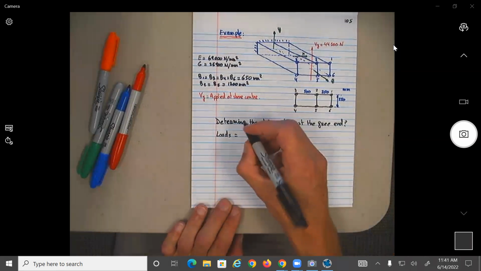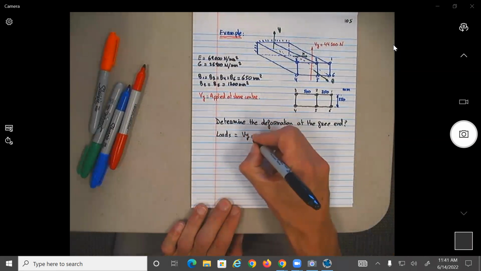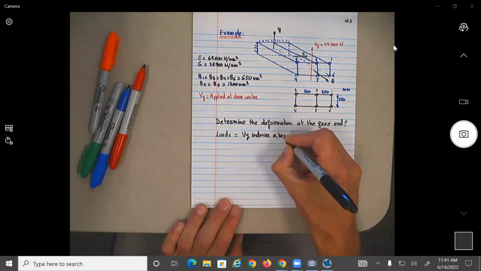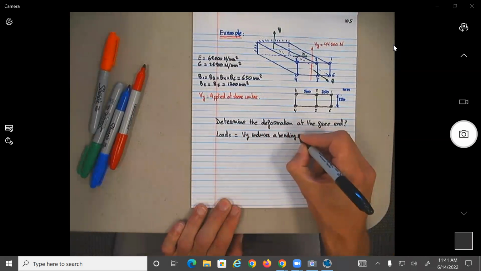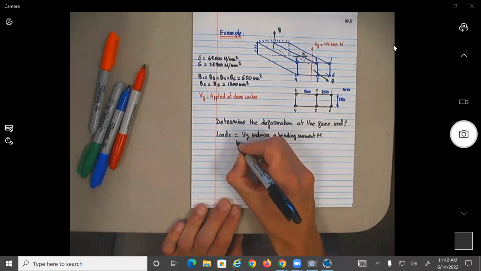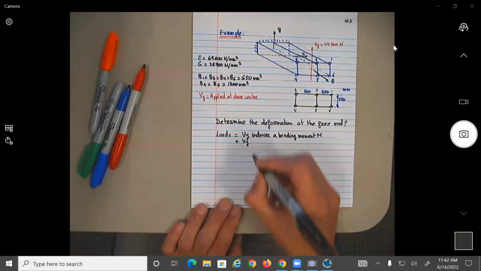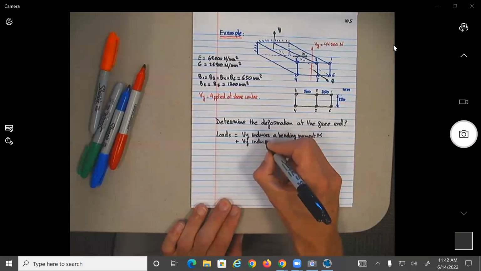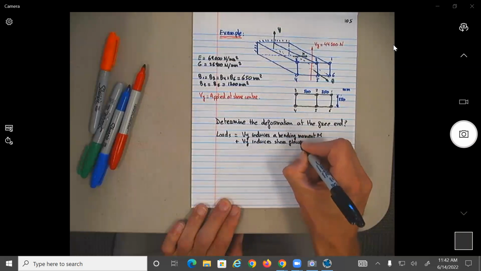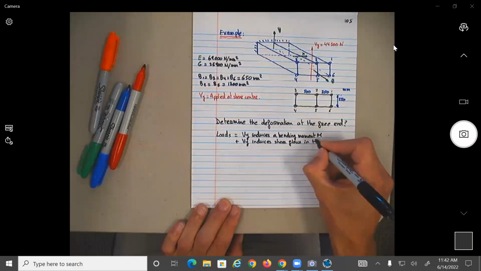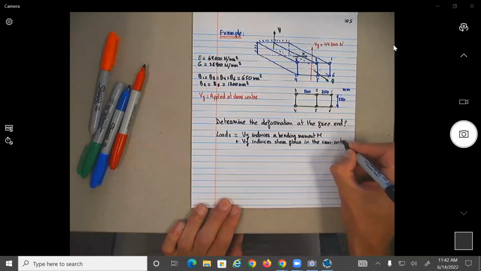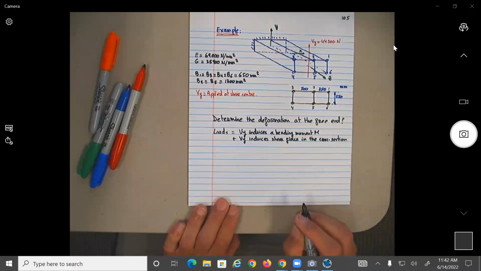Okay, so the Vy is going to induce a bending moment plus what? Vy induces shear flows in the wind box cross section, but I'm just calling it cross section, no?